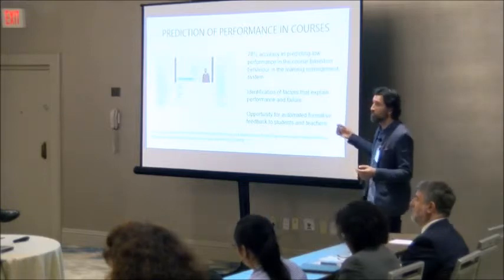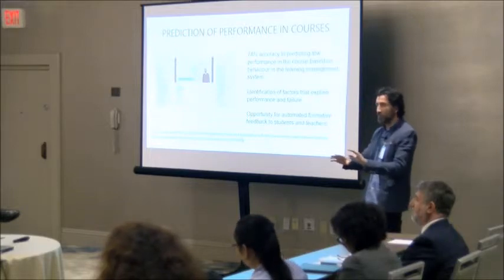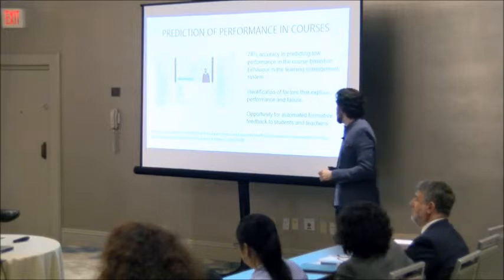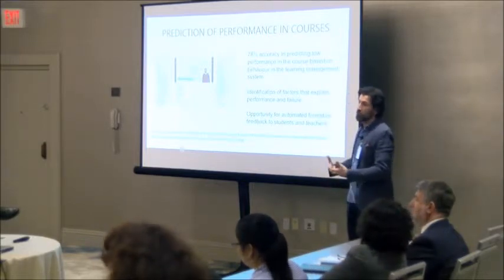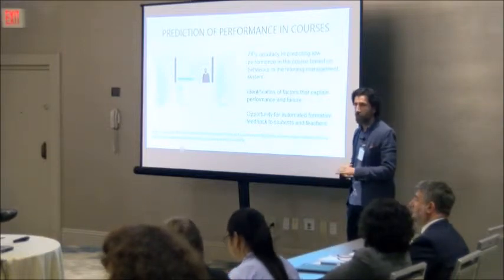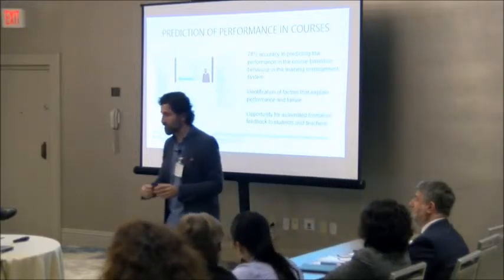So this was a quite good finding for us as teachers, to know that we have procrastination behavior among the low achievers. And this type of analysis could then be used as the basis for automatic formative feedback that is fed back to both students and teachers.